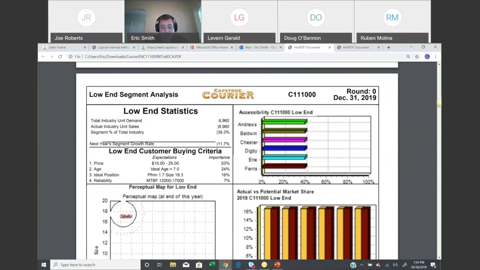As a general rule, the first two usually add up to at least 70%. So I don't necessarily need to do a great job on everything. Low end consumers are telling me they don't care much about reliability, so as long as it's in the range, we're fine.